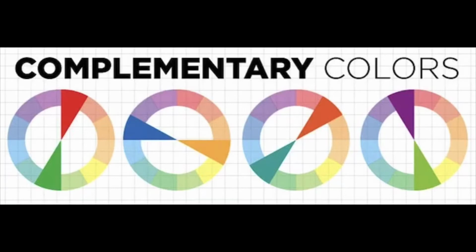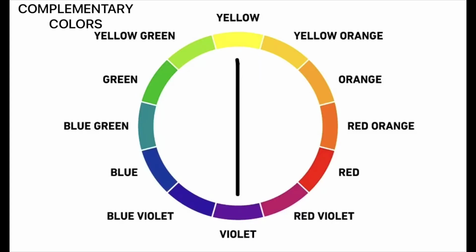The color wheel consists of 6 basic sets of complementary colors: yellow and violet, yellow-orange and blue-violet, orange and blue, red-orange and blue-green, red and green, red-violet and yellow-green.